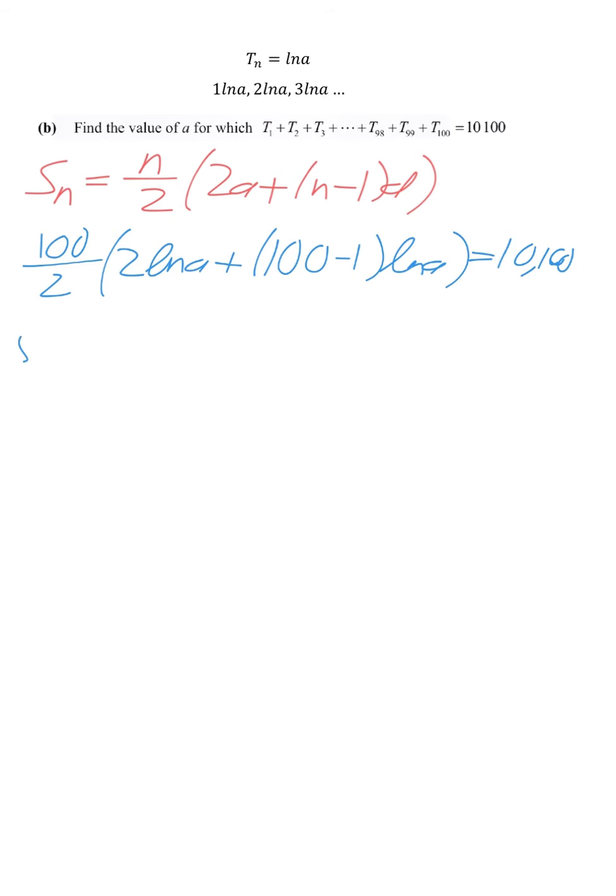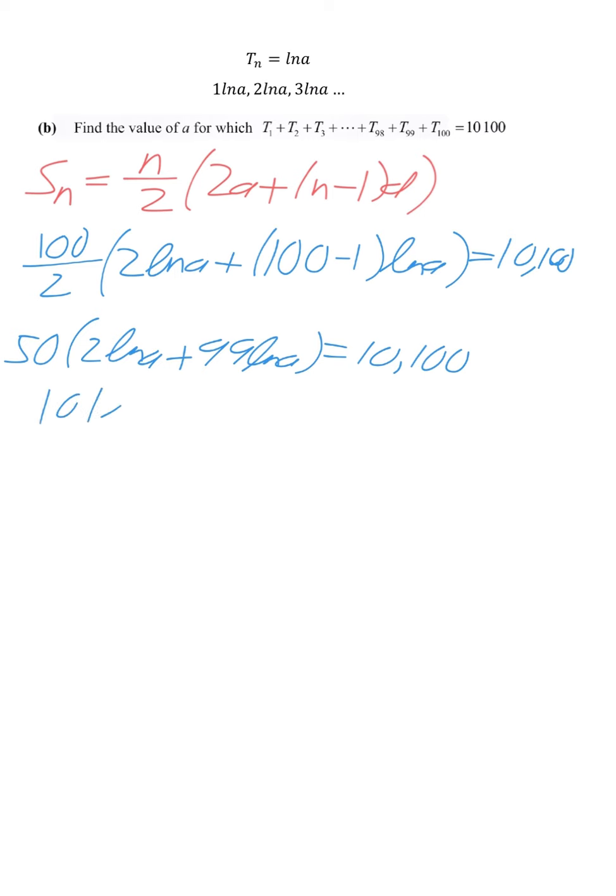So I'll have 50 now, 2 ln a plus 99 ln a equals 10,100. Let's divide now by 50. So 10,100 divided by 50. I'm left now with 2 ln a plus 99 ln a, that will be 101 ln a equals 202. Dividing now by 101.